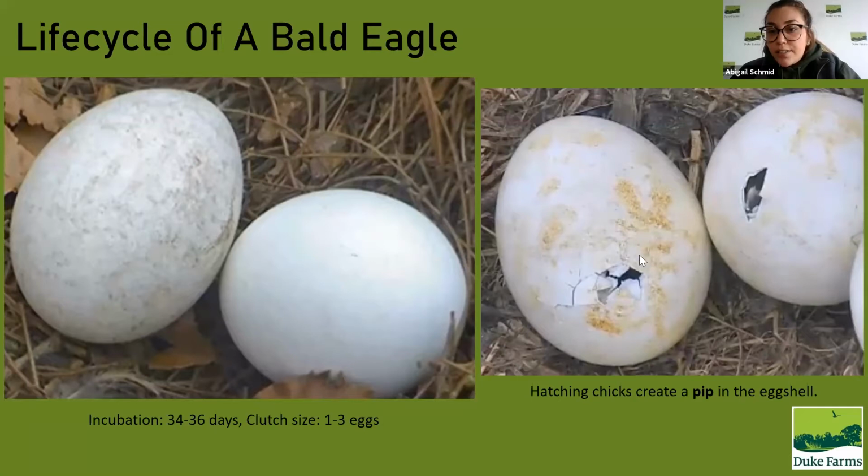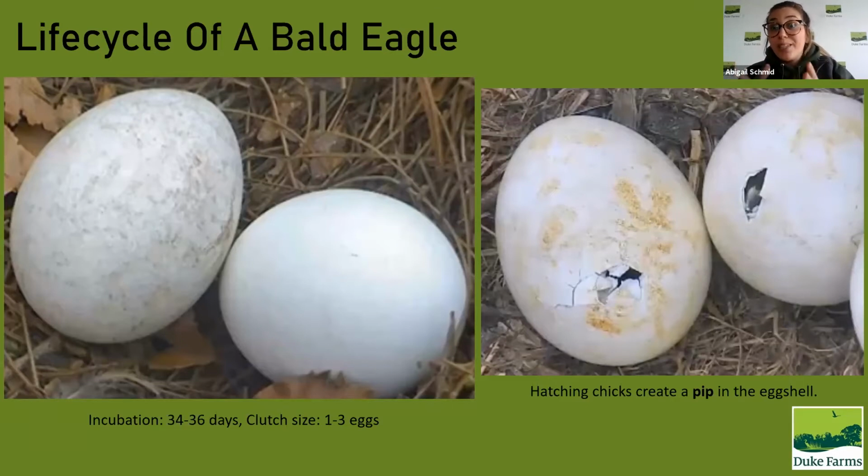Moving on to the second photo, I'm sure you're all noticing something that's a little bit different in this photo. These eggs have what we call a pip. So when a pip is created in the eggshell, that basically means that the chick that's inside is starting to hatch, right? It's kind of knocking out that shell and getting ready to come out and fully hatch.